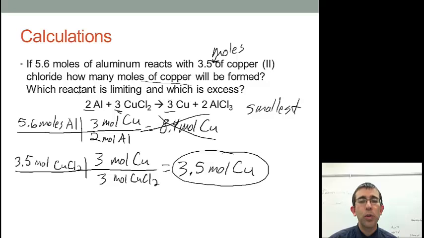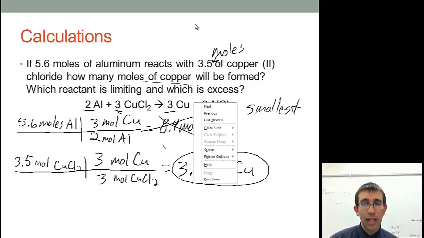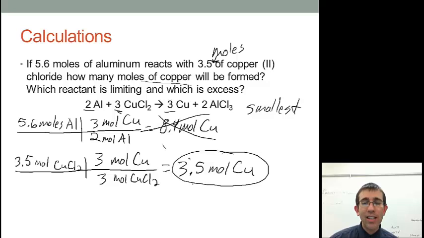The next question is which reactant is limiting and which is excess. Simple to do. Whatever reactant, remember reactants are on this side, okay? So whatever reactant gave you this smallest number is your limiting. So my limiting reactant in this case, well, what chemical gave us this smallest number?